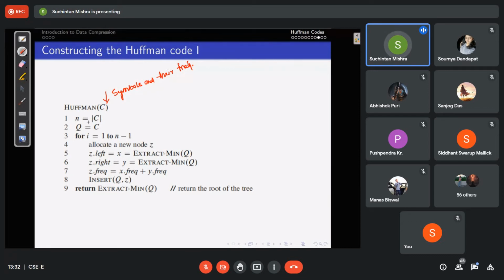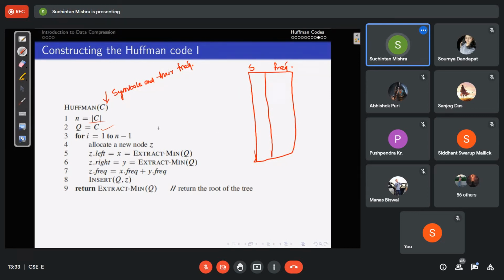N is equal to the number of symbols. Now we are going to put all the symbols into a min priority queue, based on their frequencies. Symbol and its frequency.